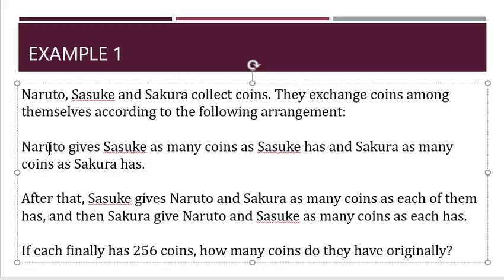So if Naruto originally has 500, then he will now have 500 minus 150, which is 350 coins.